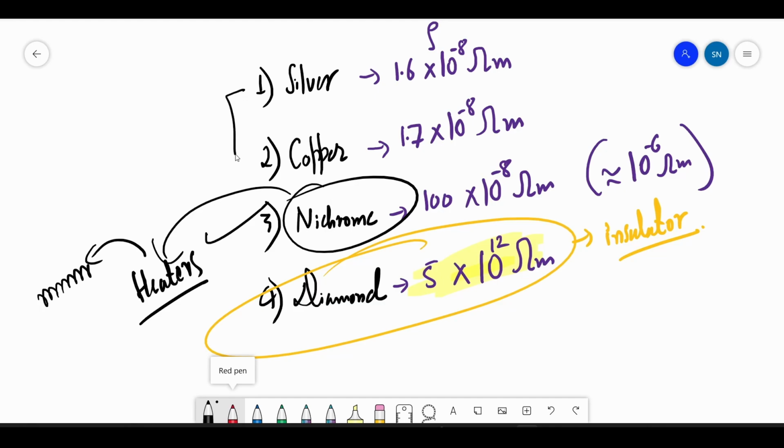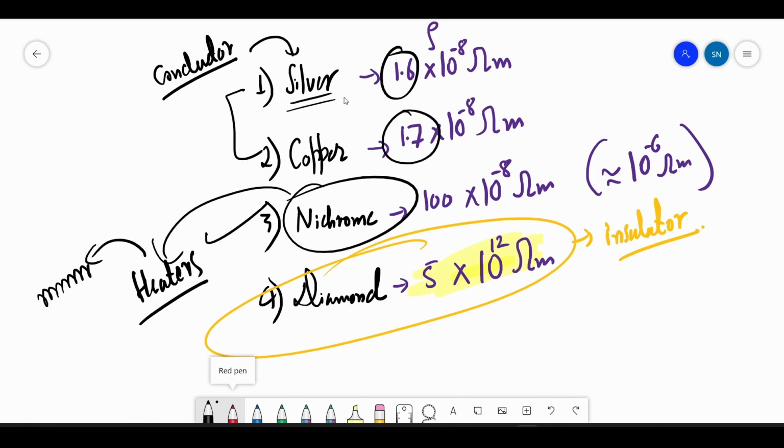Among silver and copper, which is a better conductor? Sir, copper. No, it's silver. The value for silver is just 1.6, for copper it's 1.7. But silver is very costly, right? That's why, what do we use for electrical wiring? Copper. Copper is also costly, but not as costly as silver, of course.